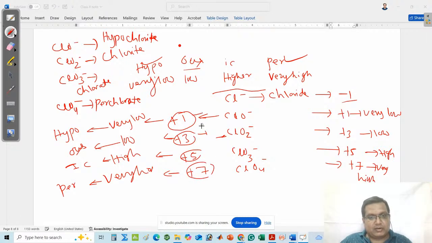This is very low, this is high, and this is very high. So accordingly I have written here ClO minus is hypochlorite, ClO2 minus chlorite, ClO3 minus is chlorate, ClO4 minus is perchlorate. These are a few tricks you can use to remember this. Accordingly you remember the name of each radical.